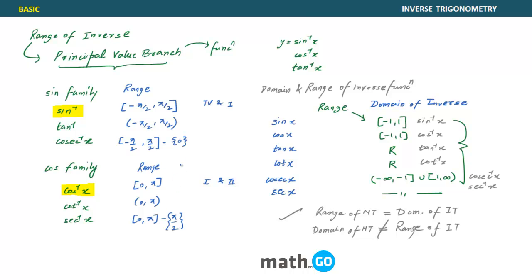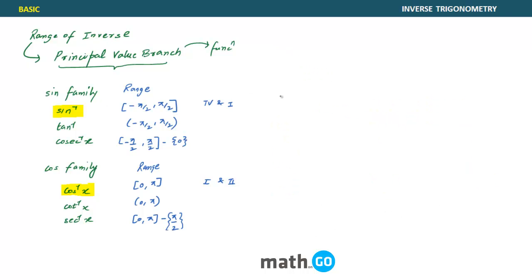Now what do you understand by this principal value branch? You also have to make sure that you apply it in the question. Let's see this. The logic behind this is that when I say sine inverse x, the answer will lie from minus pi by 2 to pi by 2.